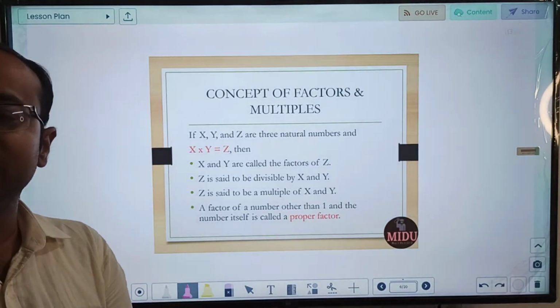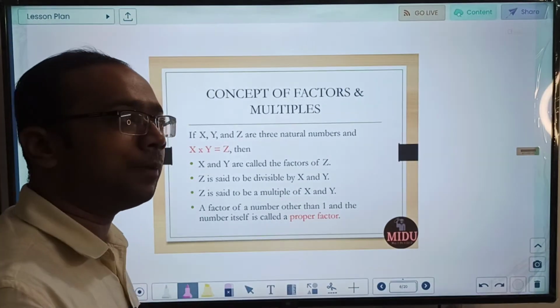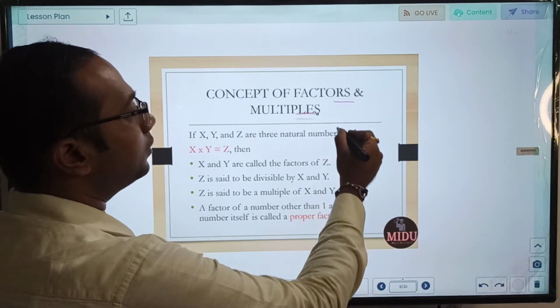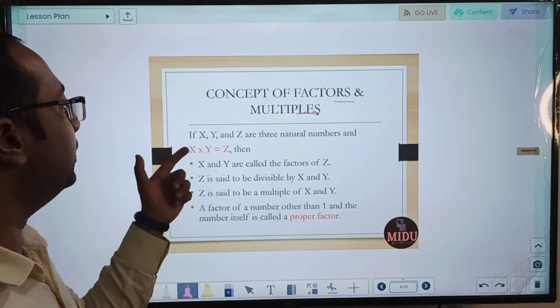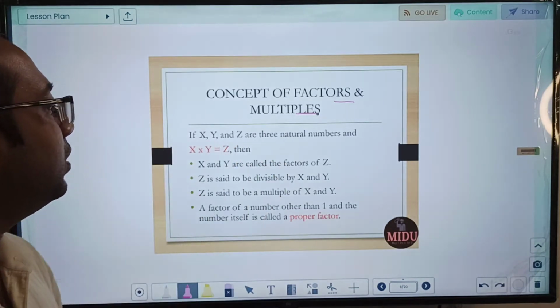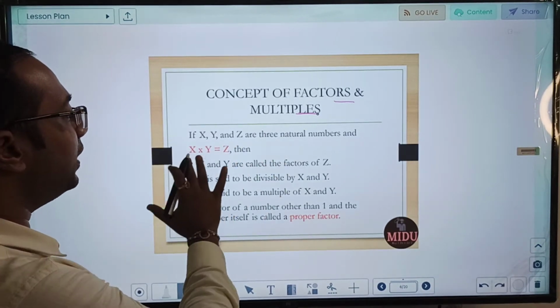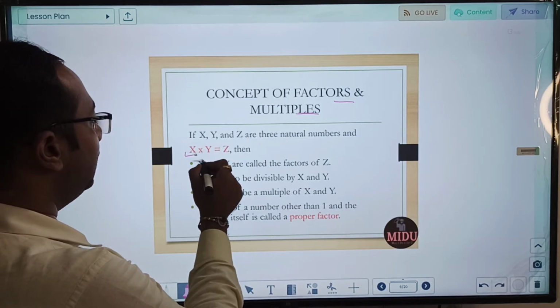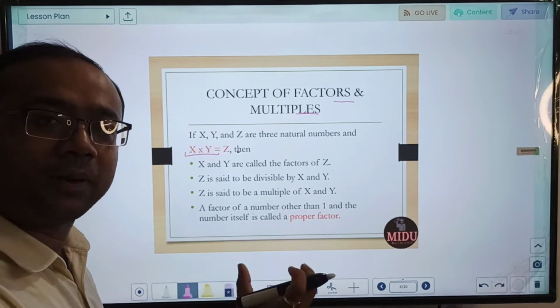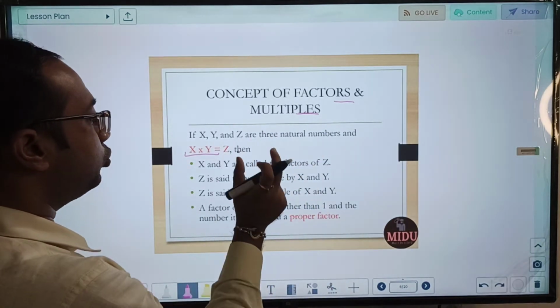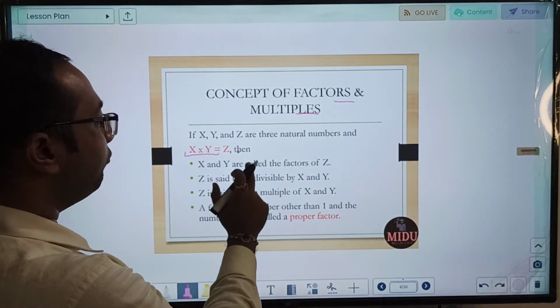First of all, let us understand the overall concept of factors and multiples. If x, y, z are three natural numbers and we are given that x into y is equal to z, so if you multiply x with y, we get z. In that case, x and y are factors of z.